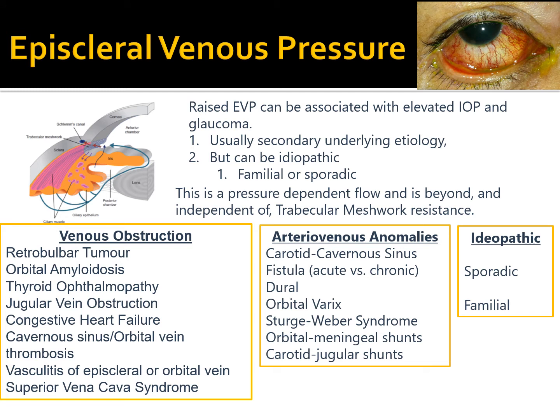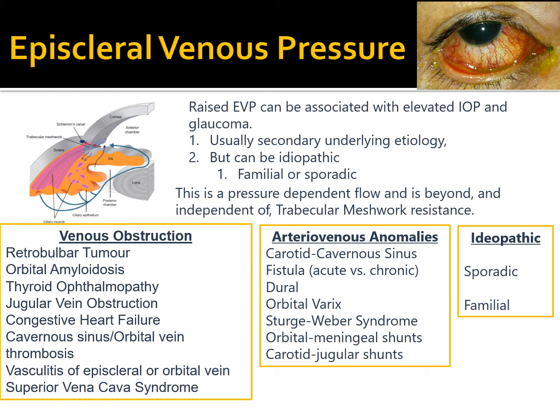And in fact, according to a colleague of mine, when I was giving this talk a little while ago, he said it's rare, but also it's highly misdiagnosed. It's not something you leap to straight away when you see an eye looking like that.